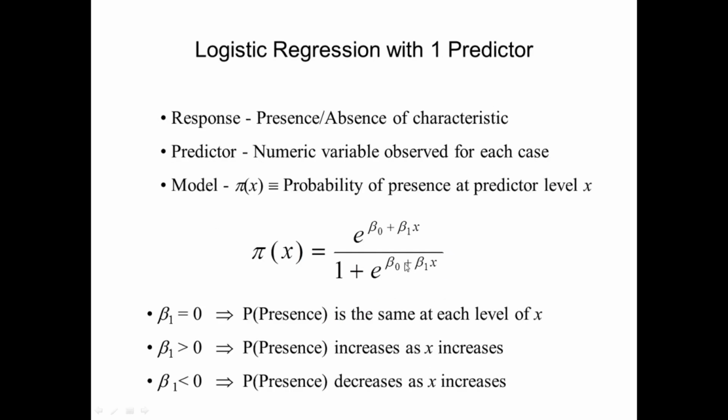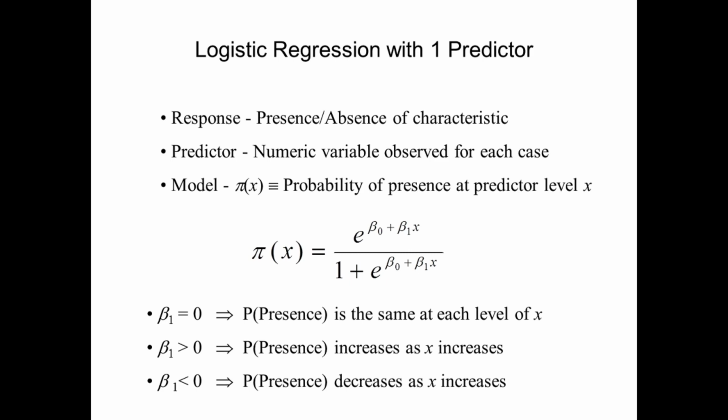So when we look at the probability, it is expressed in this manner. We take the case of only one explanatory variable, a numeric variable.